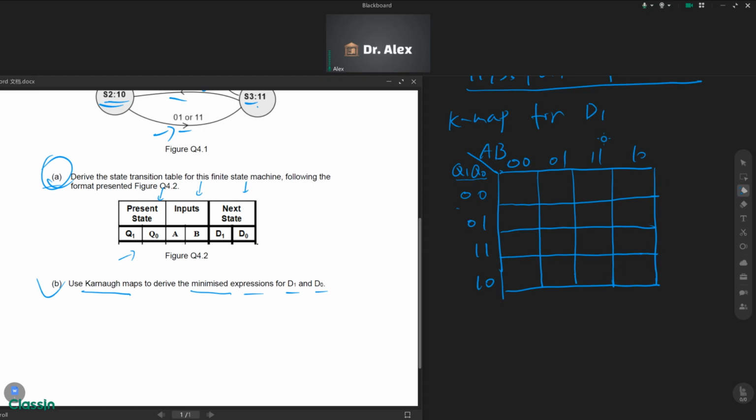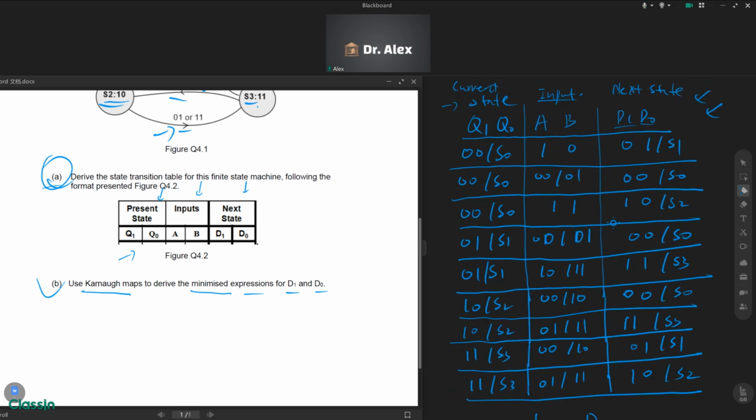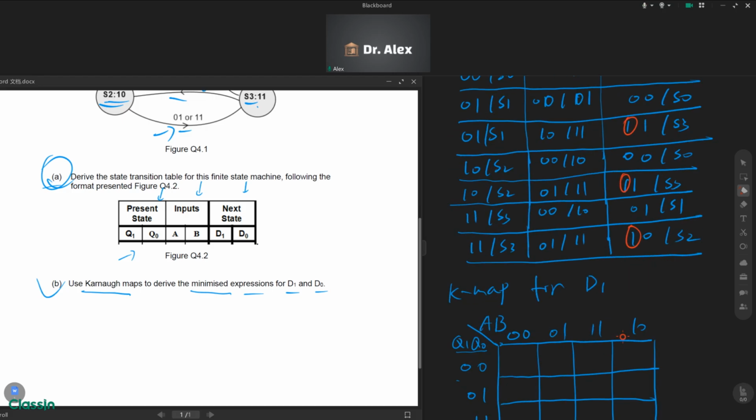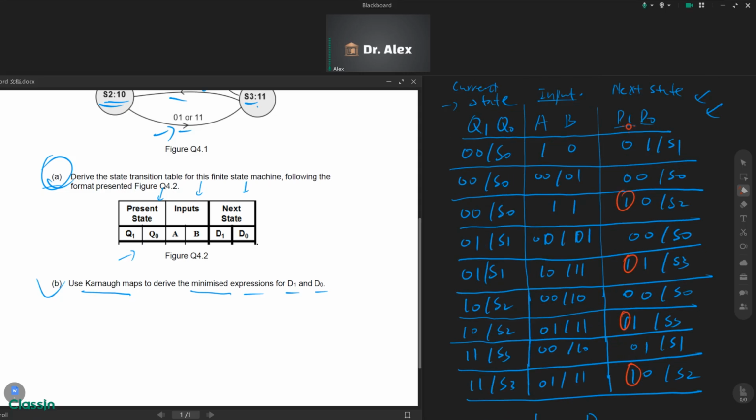Okay, so we will go to fill the ones in this table. So which are the ones? This is 1 for D1. This is for D1. This is for D1. This is for D1, which means the value of D1 is 1.